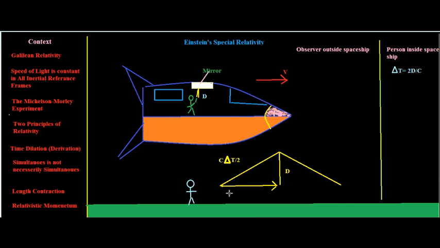If that makes sense, v, the velocity of the ship, times change in t, divided by 2.